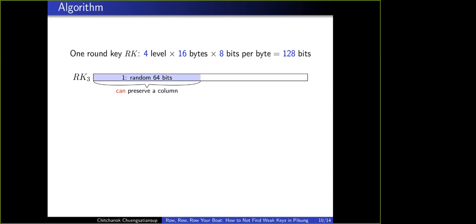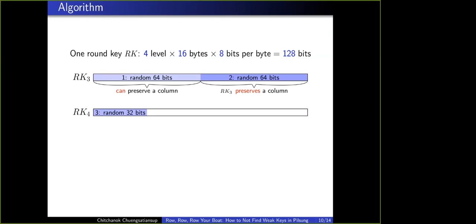And once we have that, we proceed to select the second half, the remaining 64 bits of round key 3. And once we have the entire round key 3, we can check whether this round key 3 indeed preserves a column or not. If it's preserved, then we continue to look at round key 4.